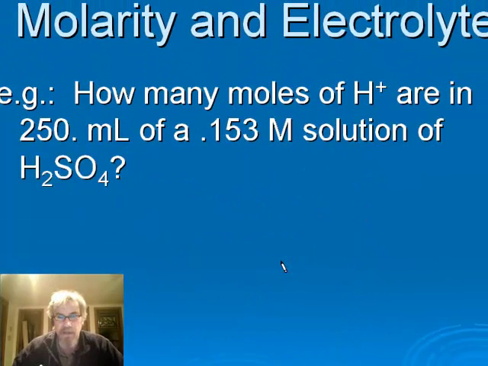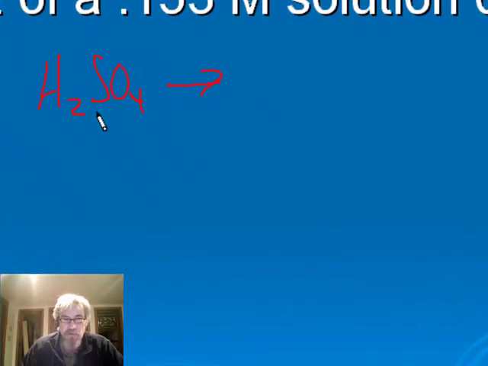Here's one that isn't an ionic compound. This is an acid. How many moles of H+ are in 250 milliliters of a 0.153 molar solution of H2SO4? This isn't asking for concentration. It's actually asking how many moles of H+. We can find out what's happening when H2SO4 undergoes ionization by just splitting it up.